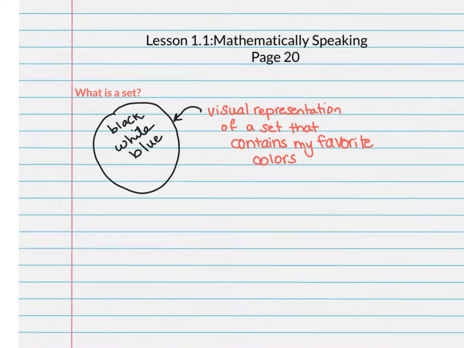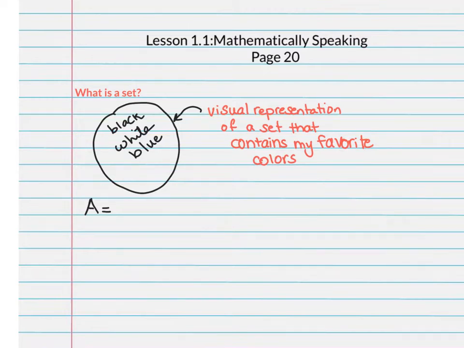To represent a set mathematically correctly, you have first of all to give the set a name. The name of a set could be any letter, A, B, C, D, any letter, as long as you write it in uppercase. I'm going to name my set A. Uppercase A to name the set. Equal. When I write equal, that means the set A contains the following.